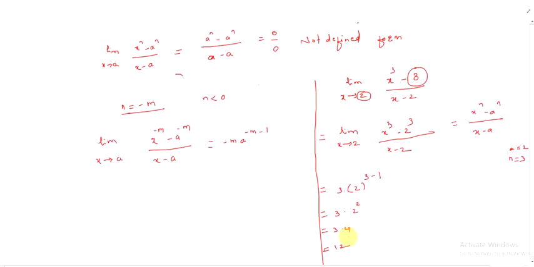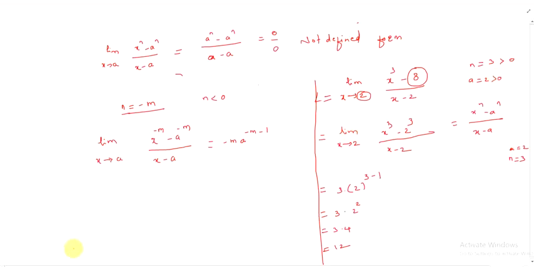So this is the result, isn't it? It is called the limit of the function. Let us consider L is equal to the limit x tends to 2. So this is the example. Now here n is equal to 3, which is greater than 0, and a is equal to 2, which is also greater than 0.